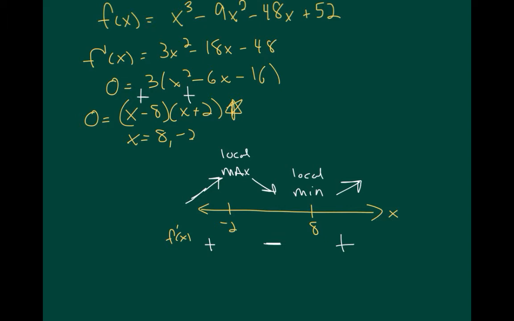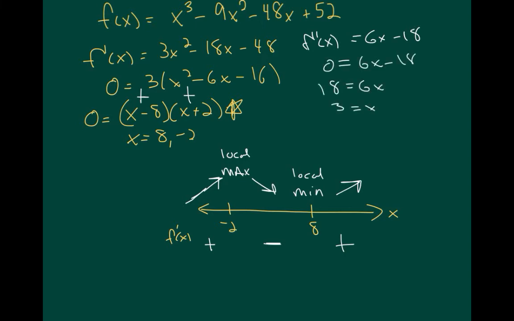Alright, now let's take a look at the second derivative and see what we can find in terms of inflection points and concavity. Well, the second derivative, f double prime of x, is going to equal 6x minus 18. Now, since inflection points happen where the second derivative is equal to 0 or undefined, let's set that equal to 0.